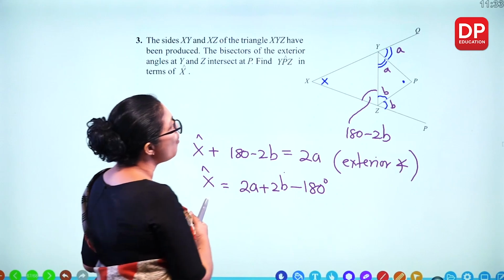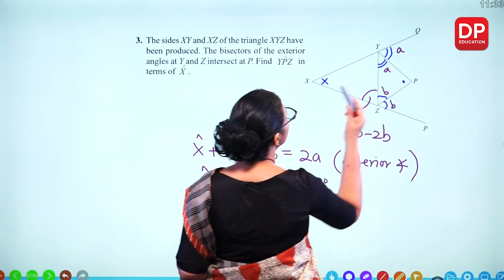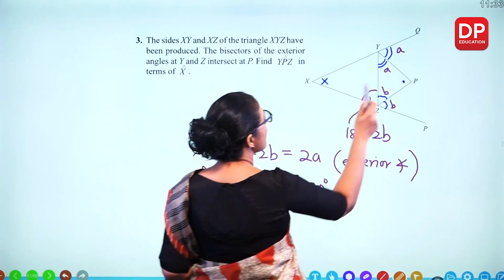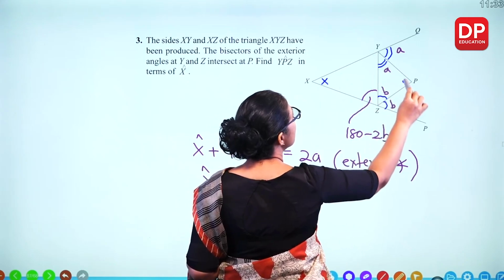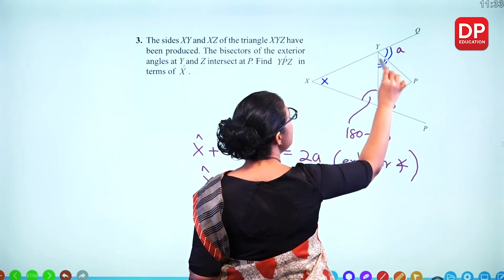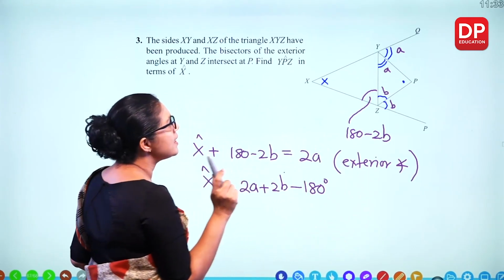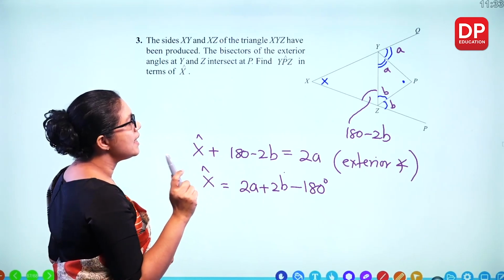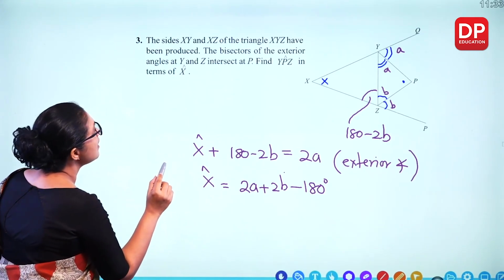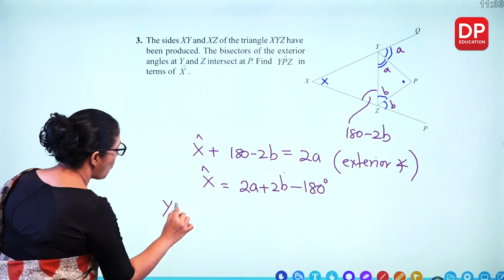So how can we find this out? Now we need this angle. So what is the YPZ angle? That's the angle we need.